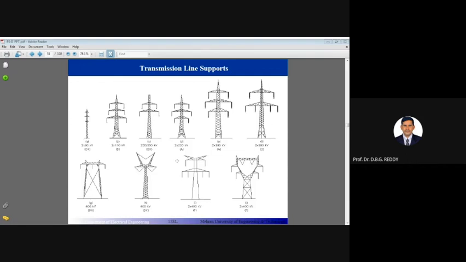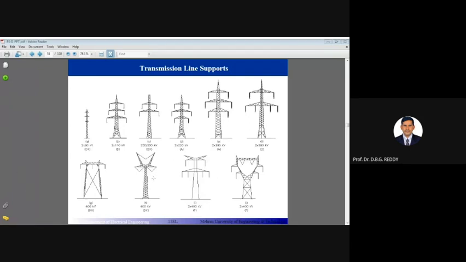We have to use less space for transmission structures, and the remaining space we utilize for agriculture and other activities. If all the places are occupied by electrical poles, a shortage of land will occur.